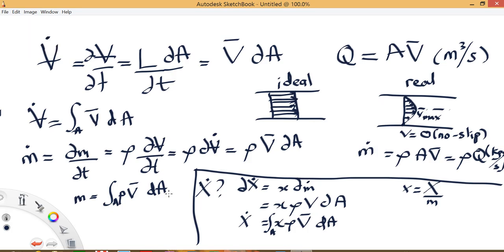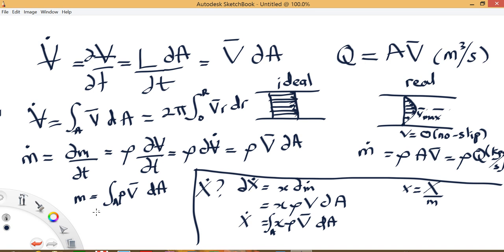You can replace this with 2 pi r dr, okay? And 2 pi is a constant, you put it outside, r dr. So normally to get the value, you have to integrate from 0 to maximum radius.